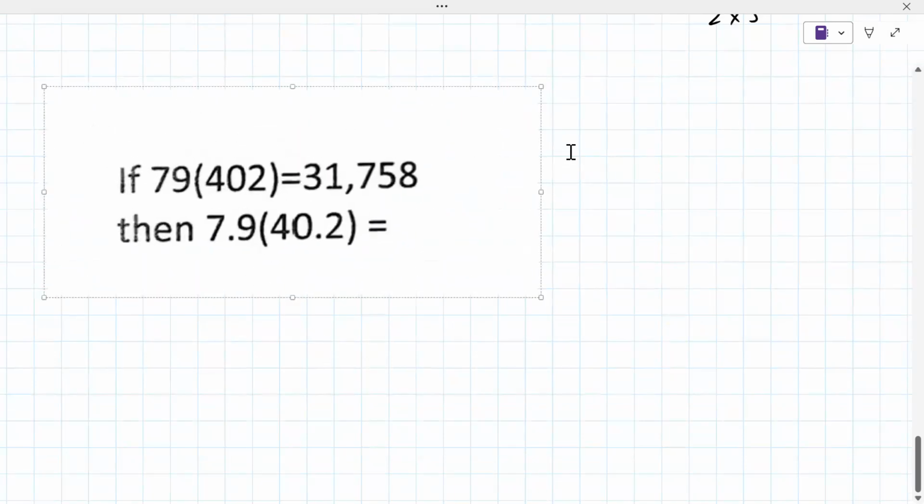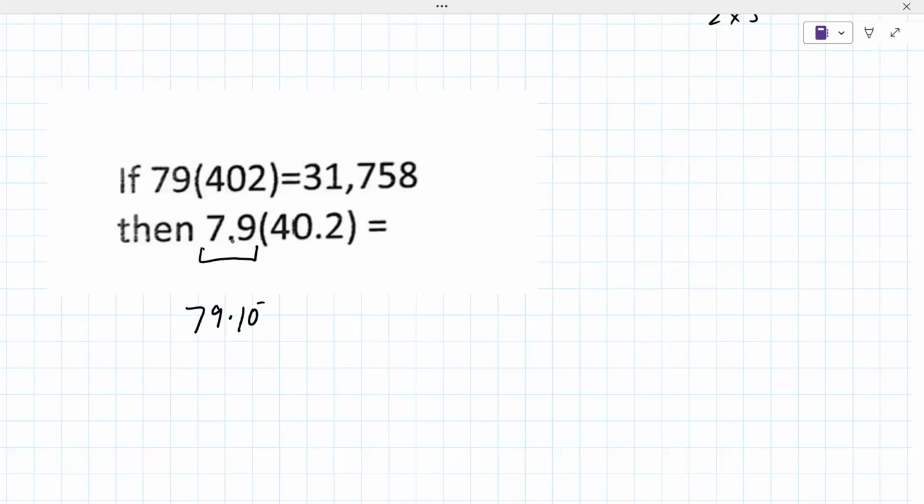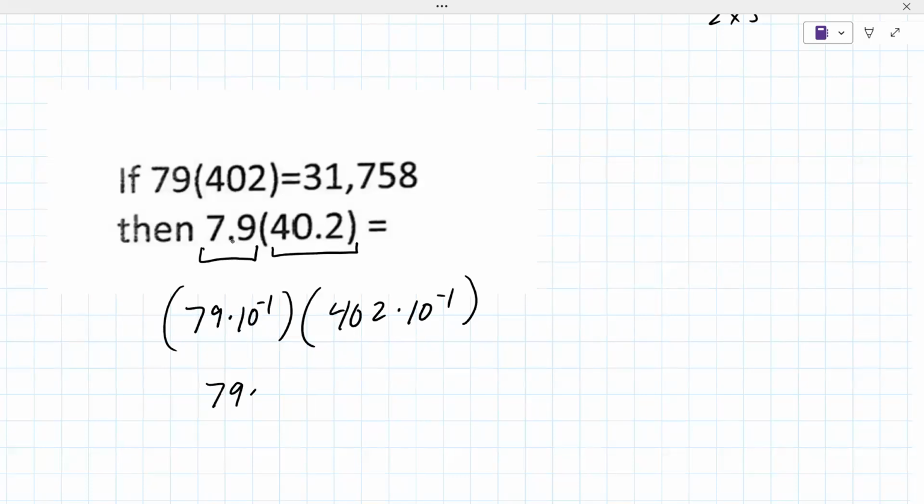Okay. So the idea here is a lot like what we're doing in 6. 7.9 is really 79 times 10 to the minus 1. And the next one here is 402 times 10 to the minus 1. So you can multiply in any order. And then 10 to the minus 1 times 10 to the minus 1 becomes 10 to the minus 2.